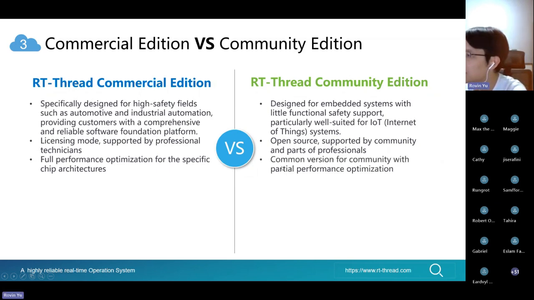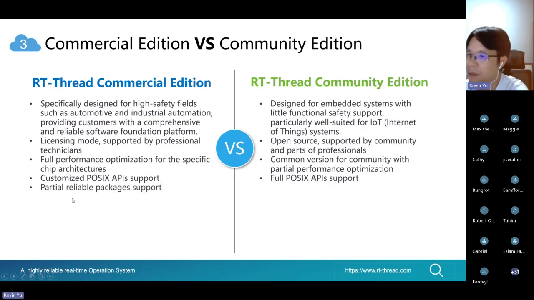The community edition is just a common version for the community with partial performance optimization. The commercial edition supports customized process APIs. However, the community edition can support full process APIs.